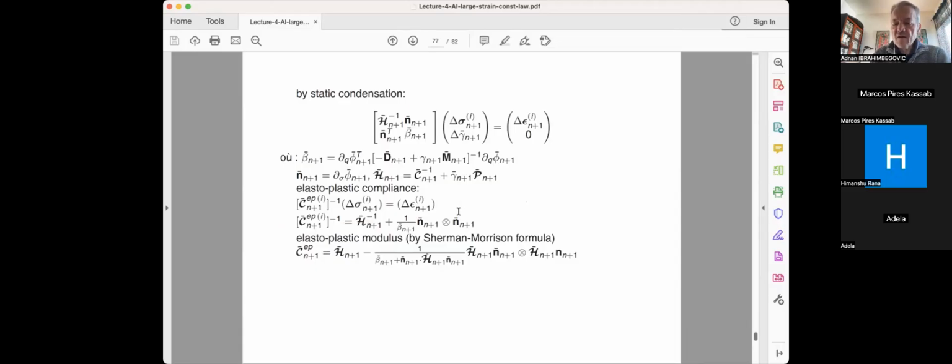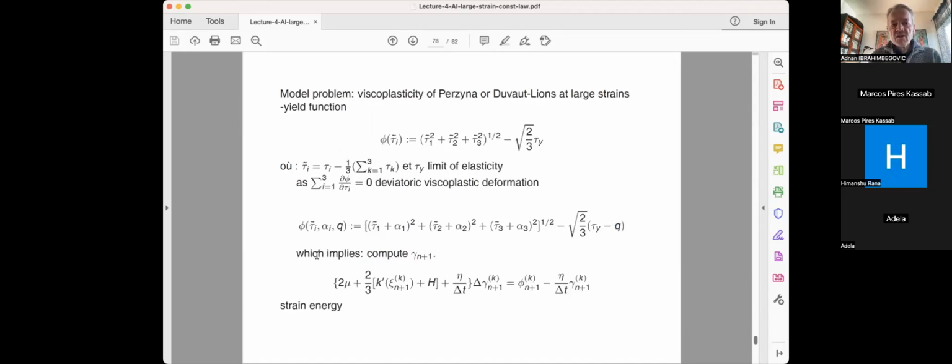This computes the inverse of a rank-1 update of the matrix. Basically, I end up putting it upside down with the inverse. I get my elastoplastic modulus that I put into my computation, and I can complete the computation as we go along, which is kind of handy. So this will be the illustration for that.